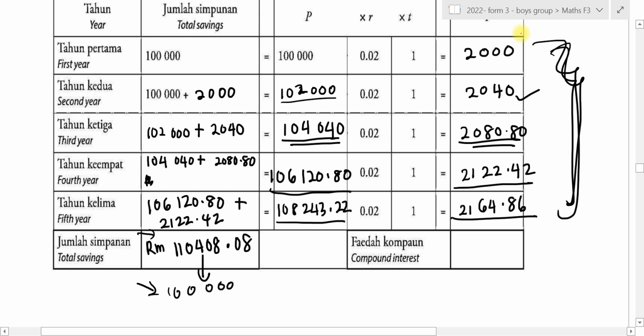Minus 100,000 is easier, right? So I'm getting about RM10,408.08. Correct?